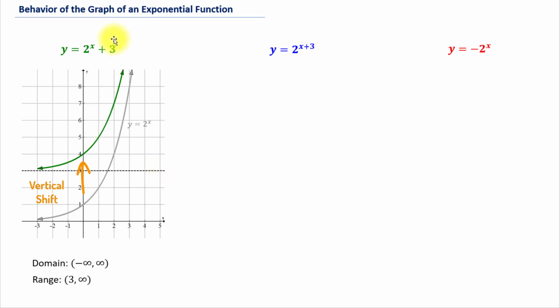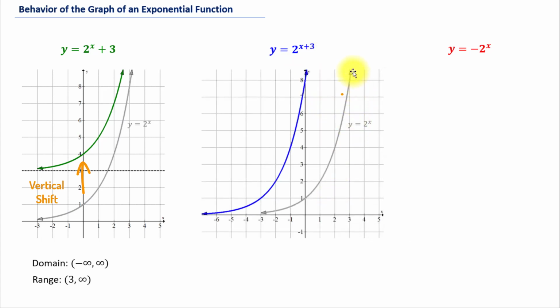And you might guess that if the number was subtracted from the basic function, then the graph would be shifted down that many units. The graph of the next function can also be obtained from the graph of the function y equals 2 to the power x, but this time it will be shifted horizontally. Specifically, the graph of the basic function y equals 2 to the power x will be shifted 3 units to the left.